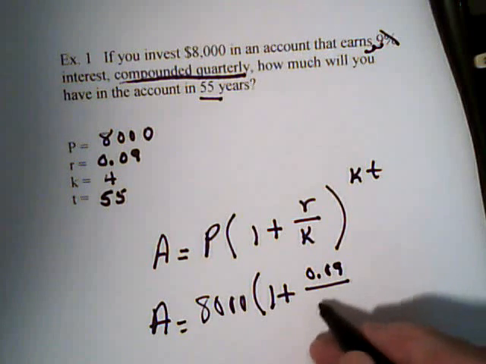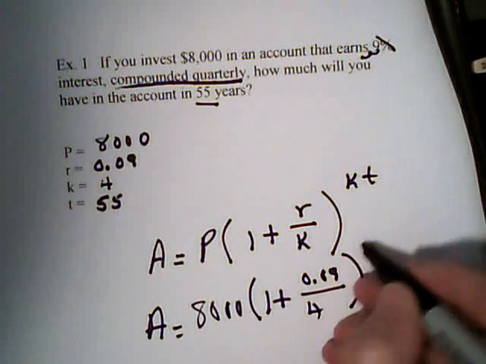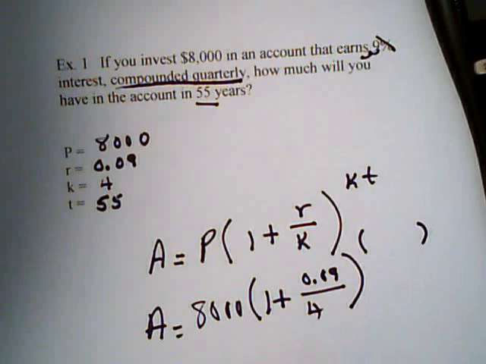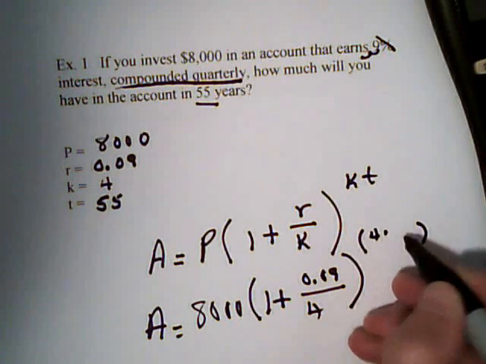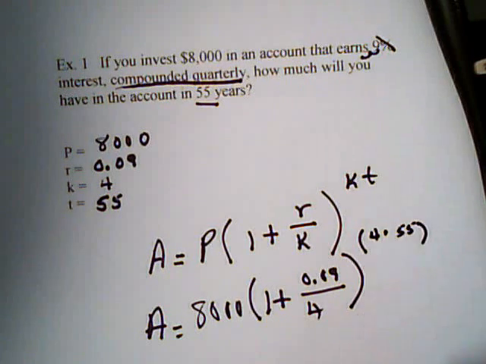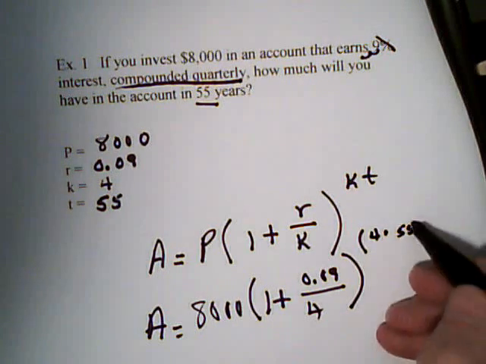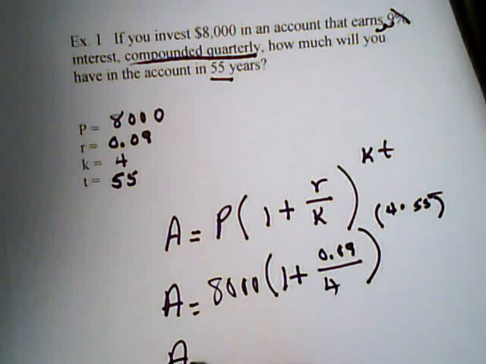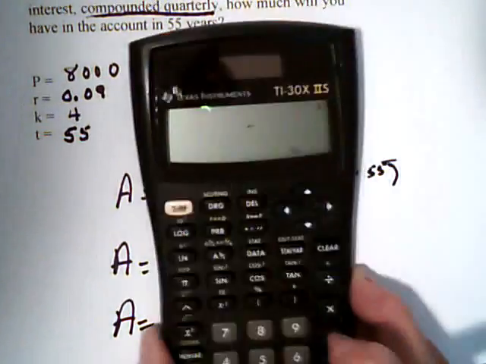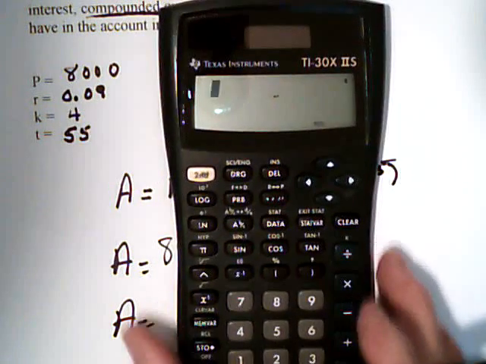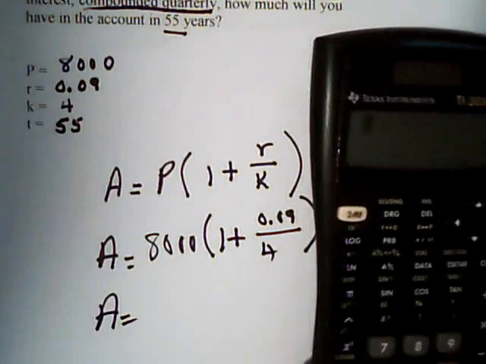K is going to be 4. All raised to, now all of this is going to be my new exponent, so that's going to be 4 times 55. Now there's several ways to do this. I'm going to go into my calculator and I'm actually going to enter every bit of this at one time. Now you see what we have written there.